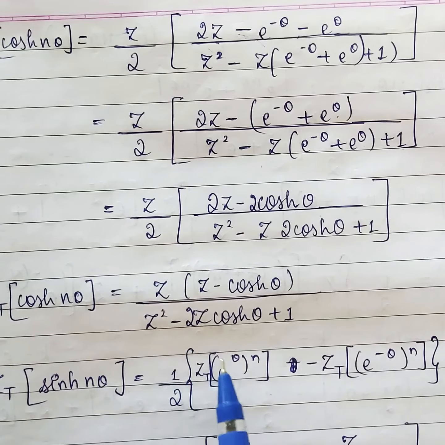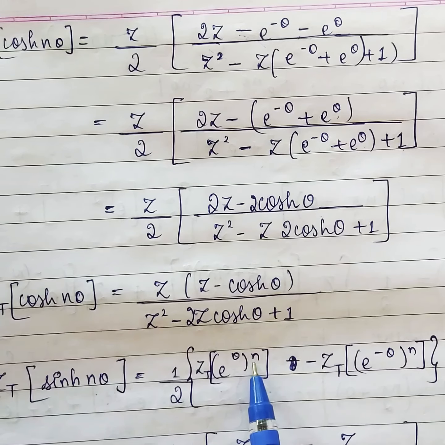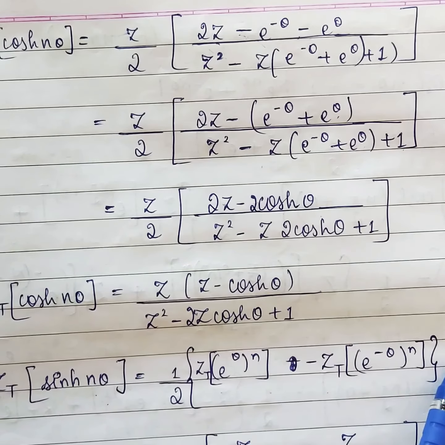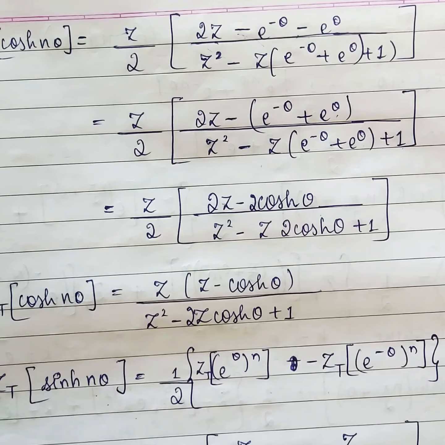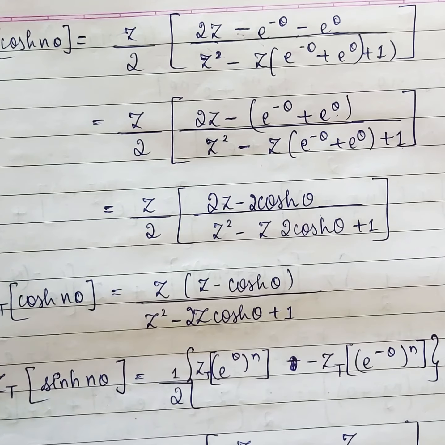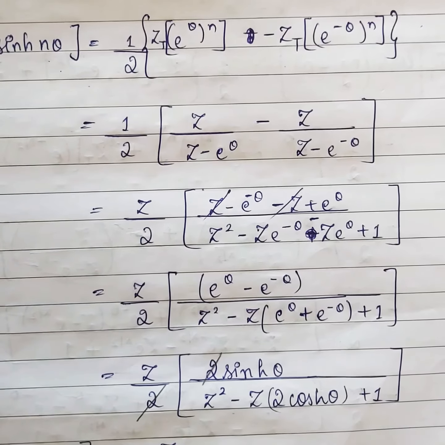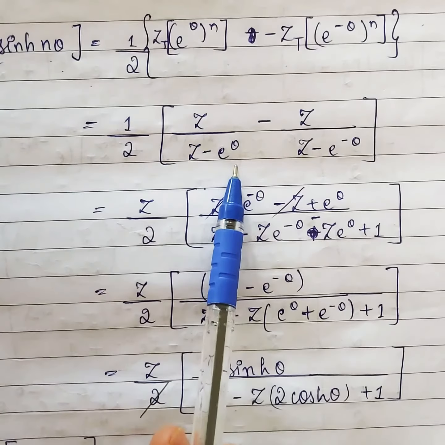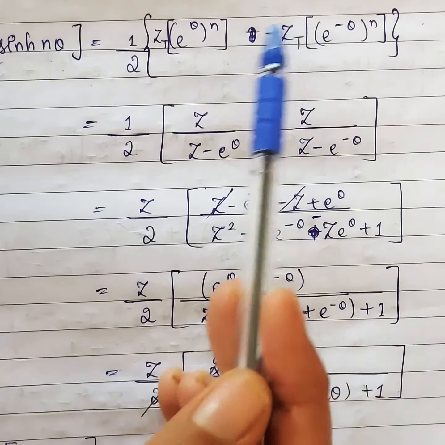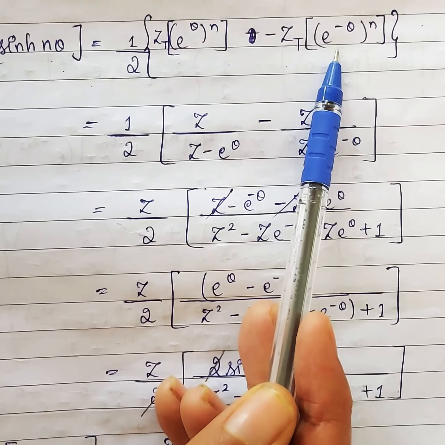Similarly, we can solve the z transform of the sine hyperbolic function. It is (e power n theta minus e power minus n theta) by 2. So z by z minus k, same procedure. So (e power theta) the whole power n, so z by z minus k minus z by z minus k, same thing. In the first case k is e power theta, in the second case k is e power minus theta.